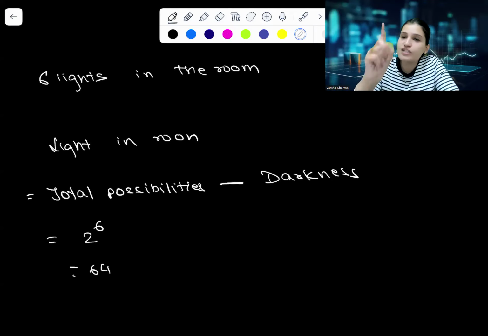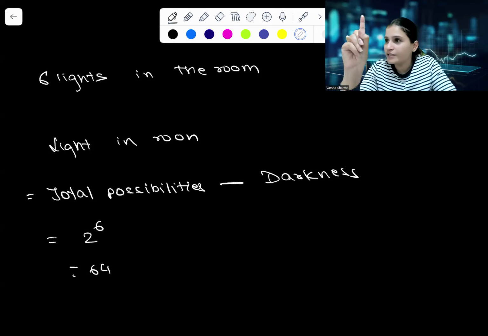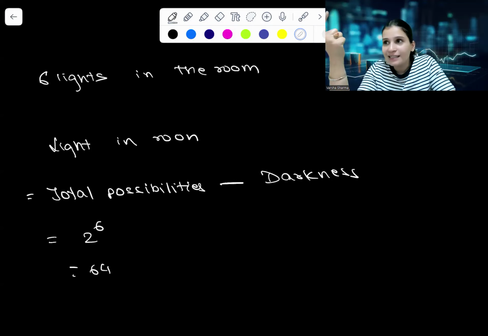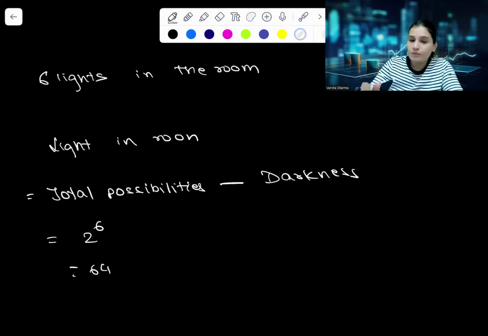So the first switch has how many options? One, be off. The second light has how many options? One, off. The third light has how many options? One, off. So all the lights have only one option each. So a total of 1 to the power 6. There is only one way in which the room will be completely pitch black. Agreed? So I don't want that case. From the total, remove that one case.